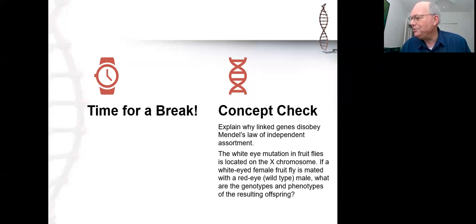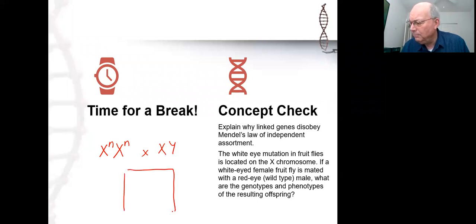So the first thing we need is the genotype of the female. Well, we're told that she is white-eyed, so she must be homozygous for it. The male is normal, so he must be perfectly normal. So here we can draw our Punnett square.